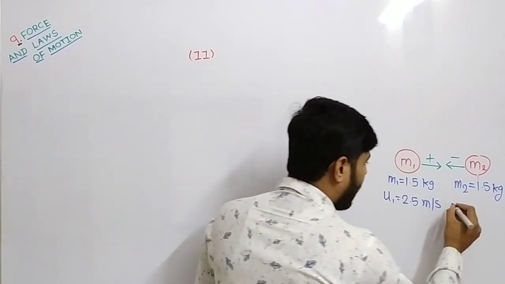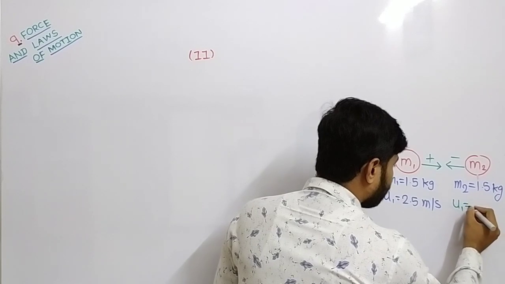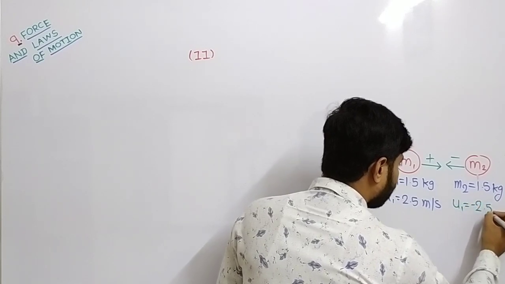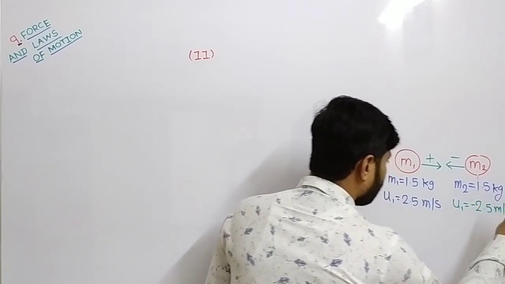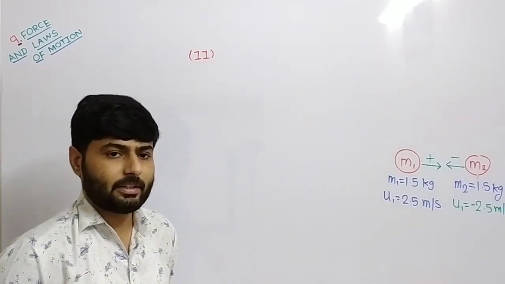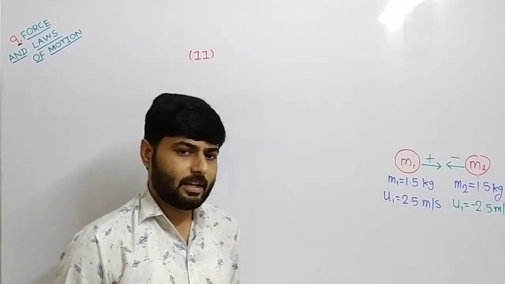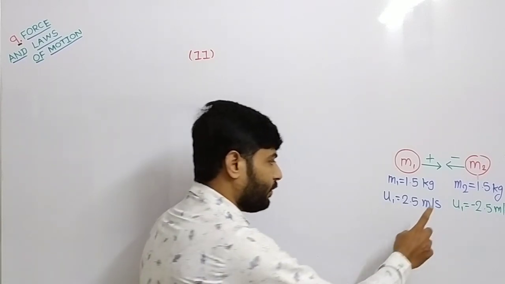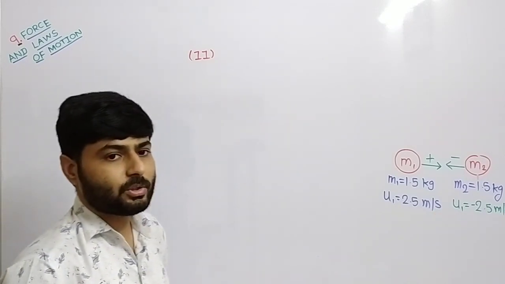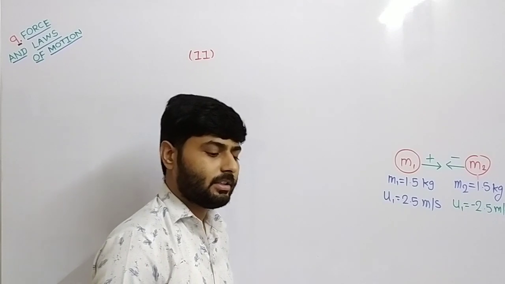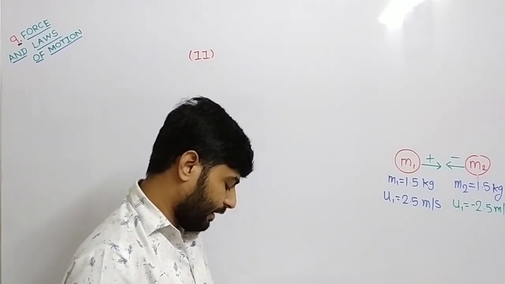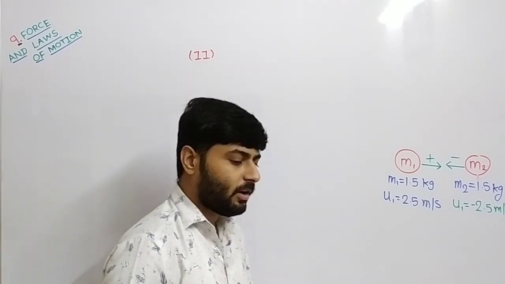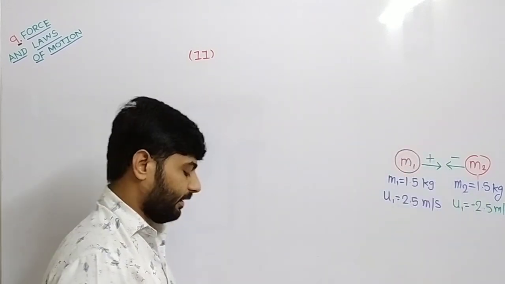So here I have U2 as minus 2.5 meter per second. So we have to find the combined velocity after collision.